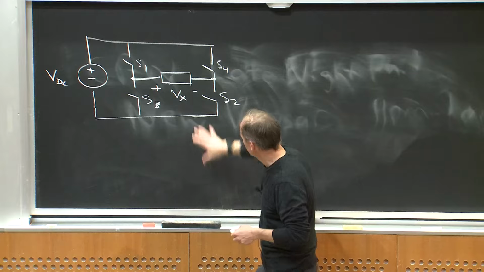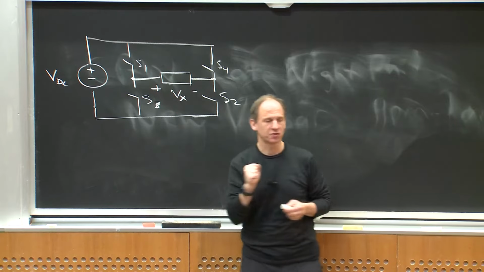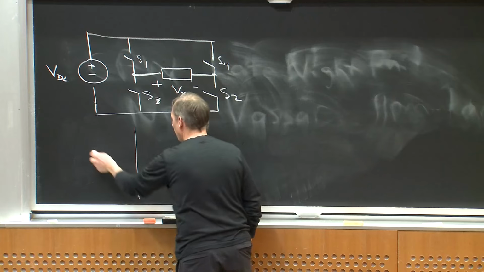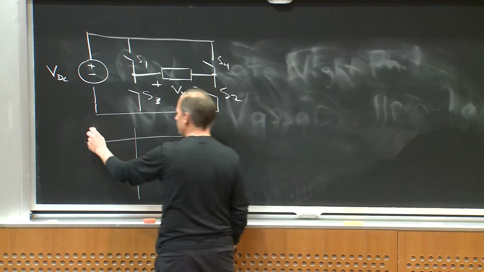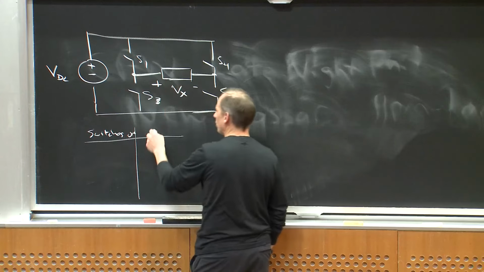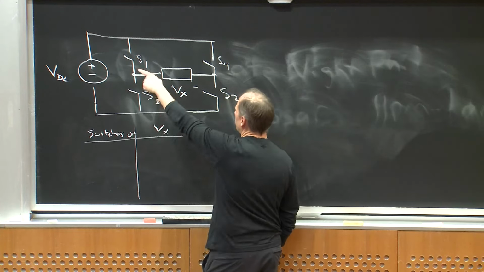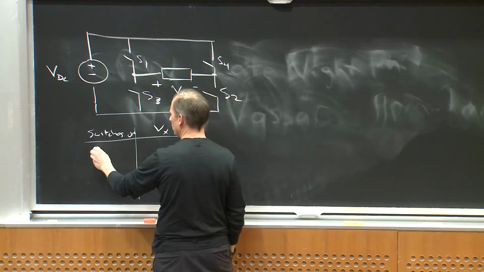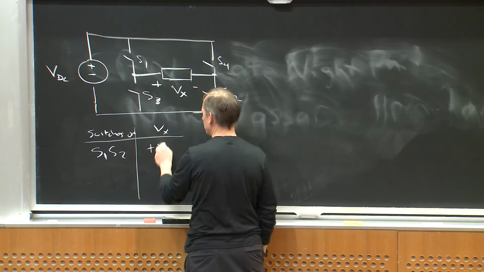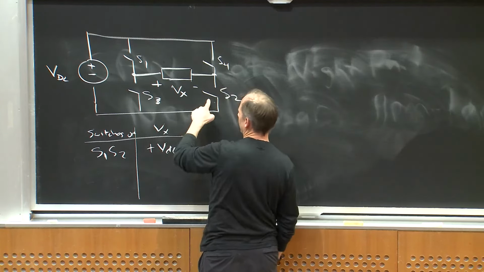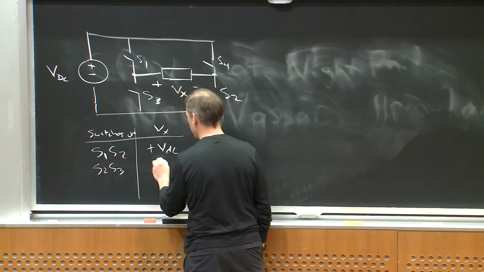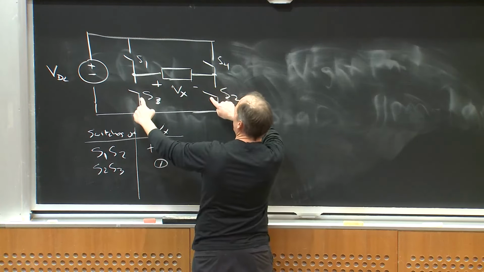What voltages Vx can I synthesize with this structure? Well, let's think about this. If S1 and S2 are on, I get plus VDC. If S2 and S3 are on, I get 0, because I've just shorted out the load on the bottom.